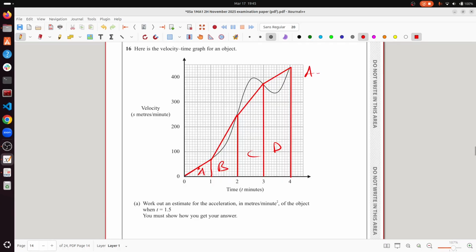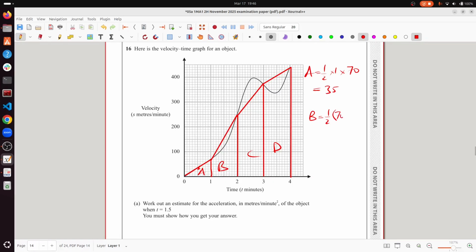And let's call this one A, B, C, and D. So for A, that is a triangle, so that is half. The base is 1 times the height. We can read that as 70. And that is 35. For B, that's a trapezium, so it's half the sum of the parallel sides.